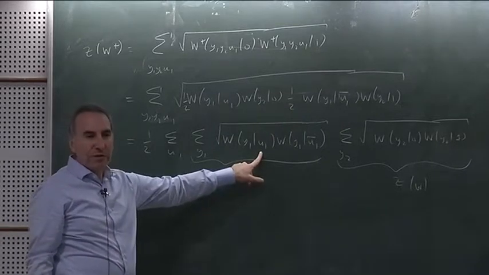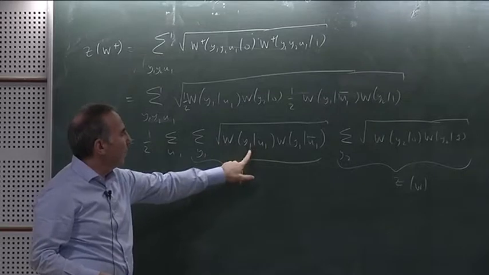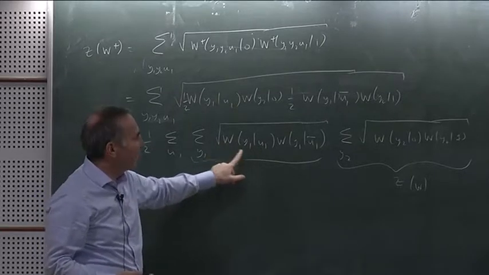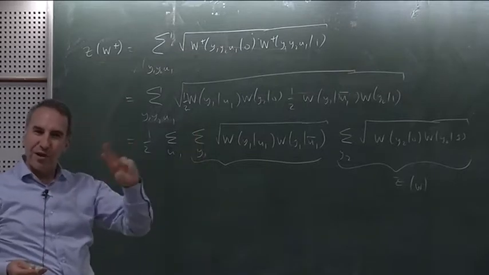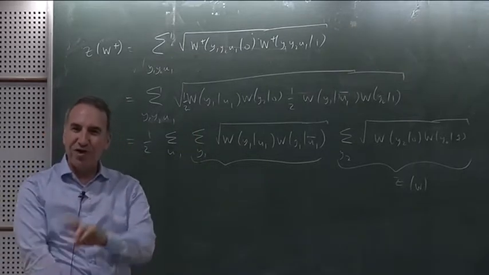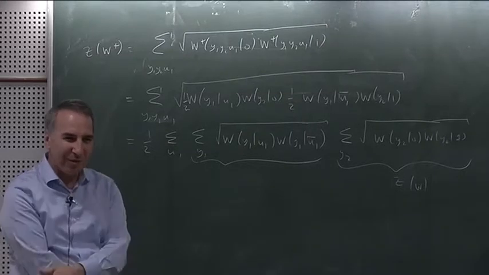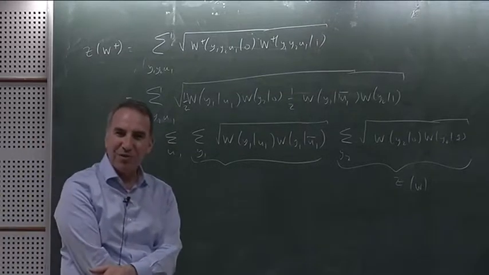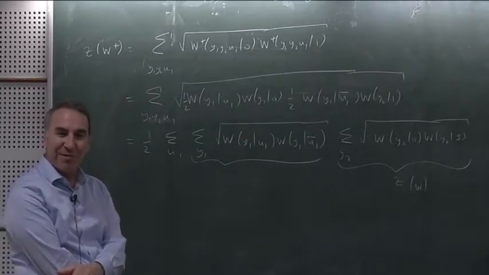Regardless of the value of U1, you're going over all outputs of the channel W. If U1 is 0, here is the square root of Y1, the output given 0 times output given 1. If U1 is 1, the product is done exchanging the multiplicands. But multiplication is, what do you call this, commutative, right? Whether you multiply A times B or B times A, it's the same thing.